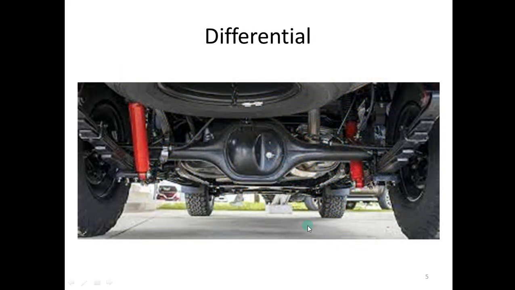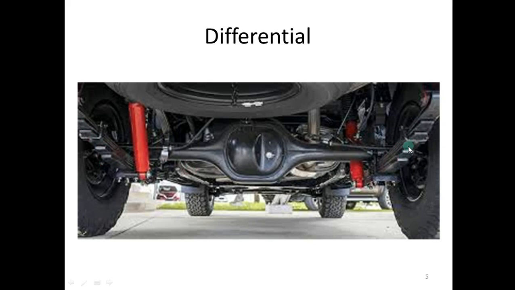So this is the bottom of a vehicle. You can see the spare wheel here. These red parts are shock absorbers, and you can see some rods connected: one, two, three, four. Here also four, five rods connected.